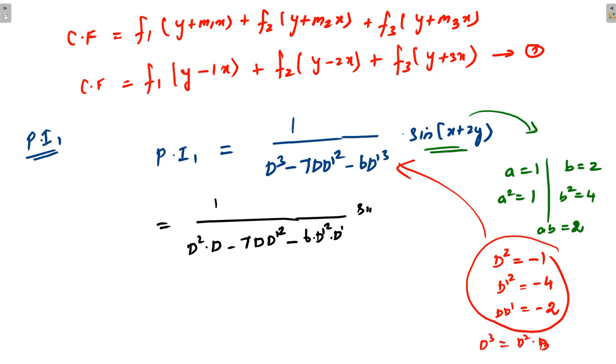So like that, simplify. Now I'm going to substitute the values for d dash square, d dash, and the corresponding terms.